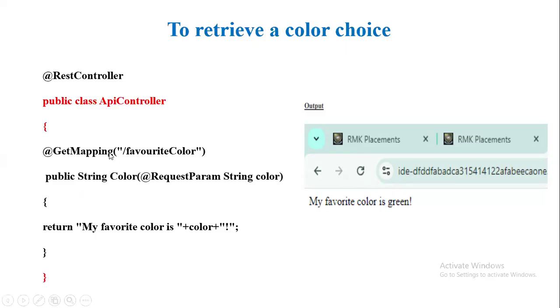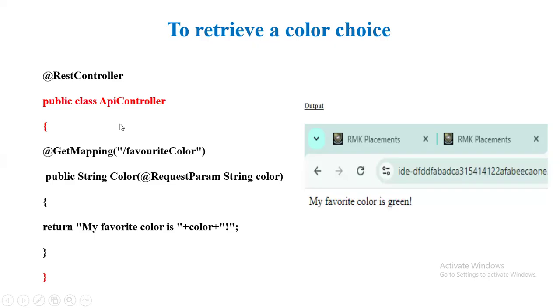So in this program, I have used one class called API controller. This is a very small program, just returning the color choice from the user. The class name is user defined; you can give it any other name also.